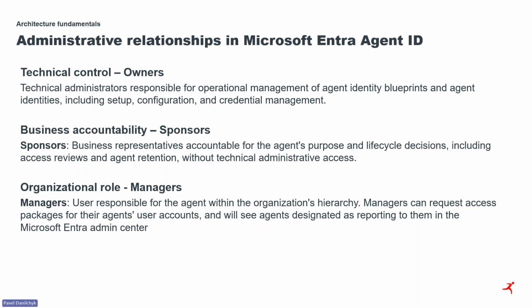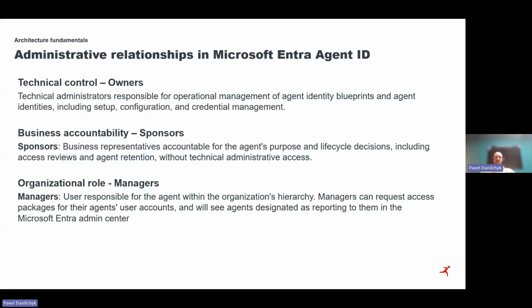Now let's speak about the roles of real users in this system. In the Entra Agent ID system, we have three main roles: owners, sponsors, and managers. Owners are the technical administrators who will be responsible for the administrative work in the agent identity blueprints or agent identities, such as setup, configuration, and credentials management. Sponsors have more of a business role: the people who are responsible for the vision and purpose of agents and for lifecycle decisions.